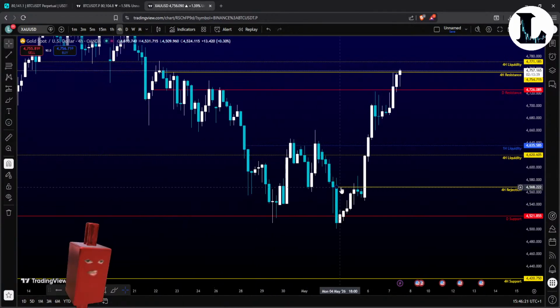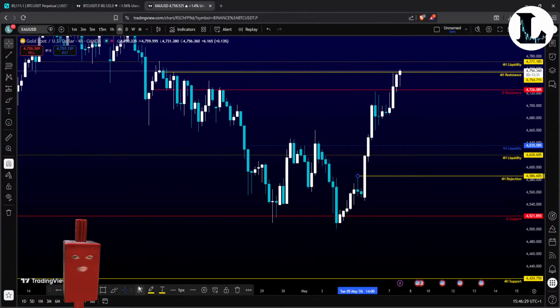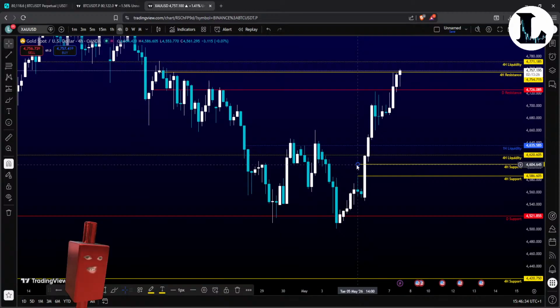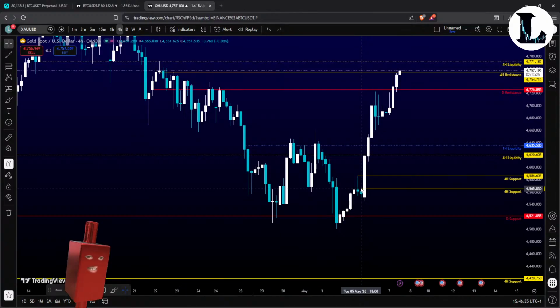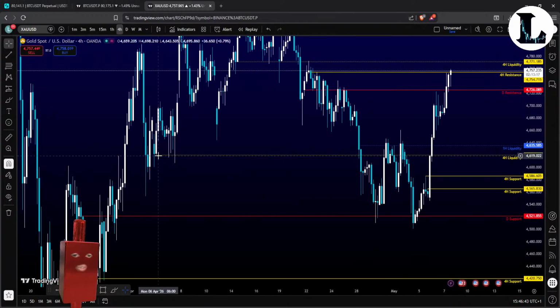Let me check the 4. The 4 is going to be here, the next support, or maybe here. So I'm gonna mark this one. And I'm gonna mark the wick of this candle. The price can go to the body or to the wick. Okay, so we have a 4 hour liquidity from the past.